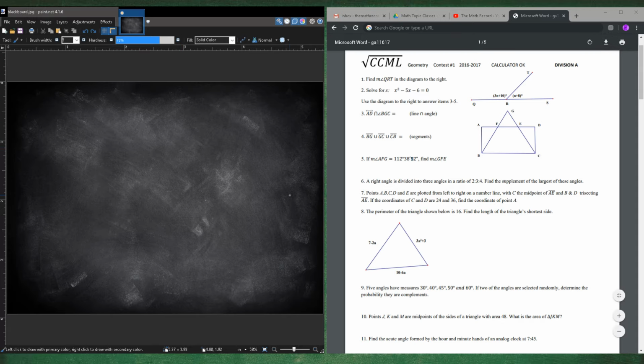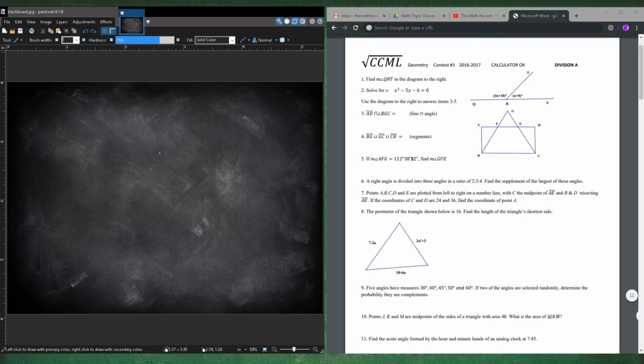Now, segment BG union GC union CB. What is the resulting shape? It will be a triangle because the union of 3 lines, if they're all connected, is a triangle.